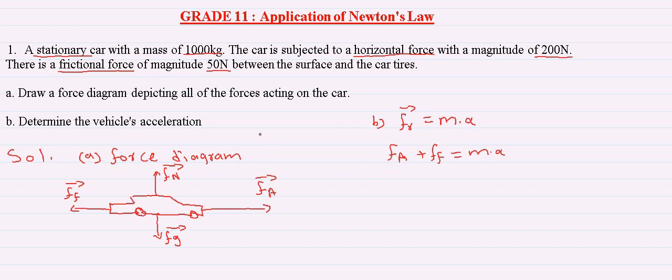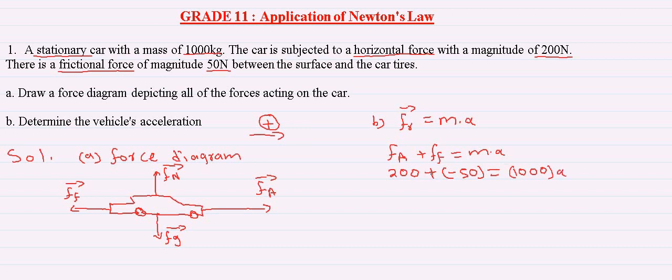Let's say the direction to the right is positive, meaning the direction to the left will be negative. Our applied force is 200 Newton plus negative 50 Newton, which is the frictional force to the left, equals our mass, 1000 kg, multiplied by the acceleration.